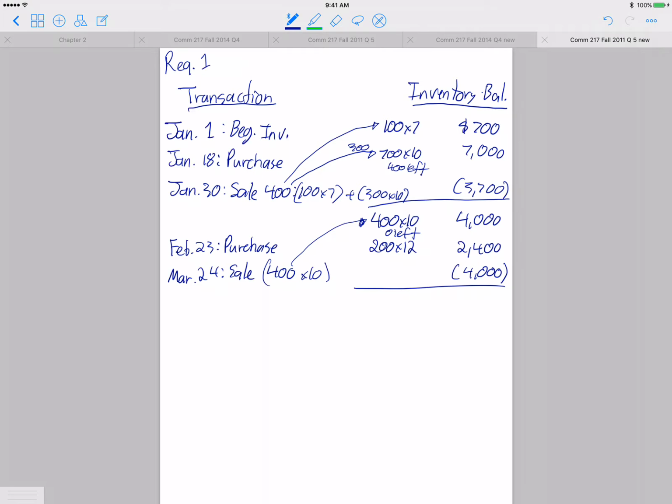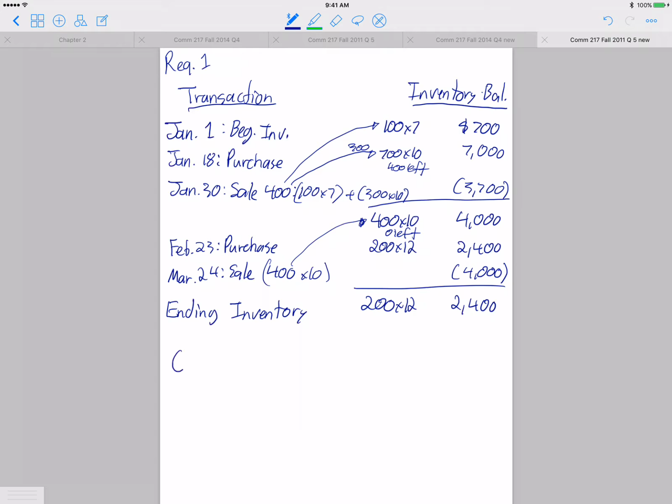And if we add everything up for the final time, we're left with 200 inventory at $12 each, which gives us $2,400. This is our ending inventory. In order to get our cost of goods sold amount, we'll add up the cost of every sale.